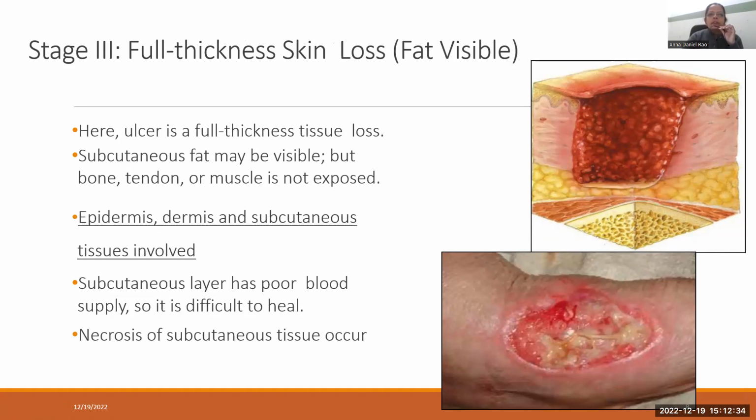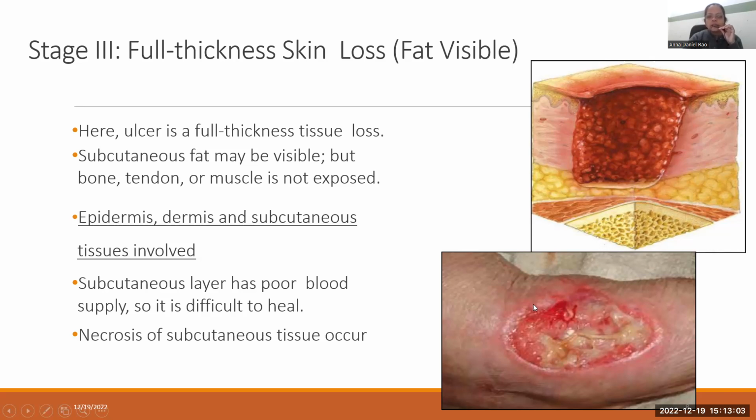Stage 3 is called full thickness ulcer. Here all the layers, the subcutaneous fat may be visible, but bone, tendon or muscle is not exposed. You can see in the picture. So that is the third stage bed sore. What has happened?